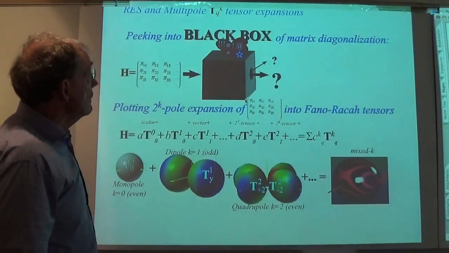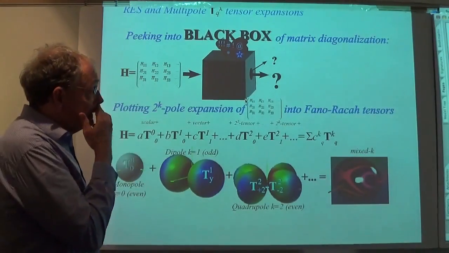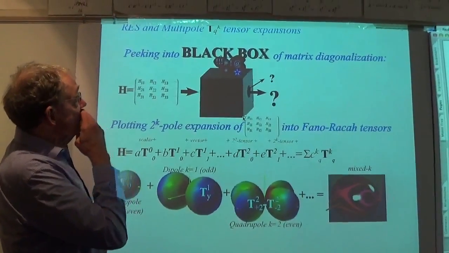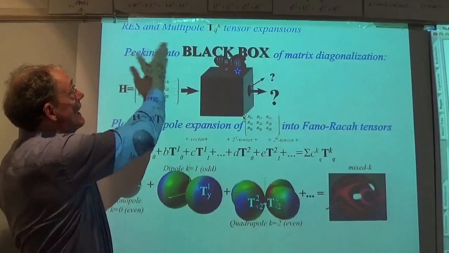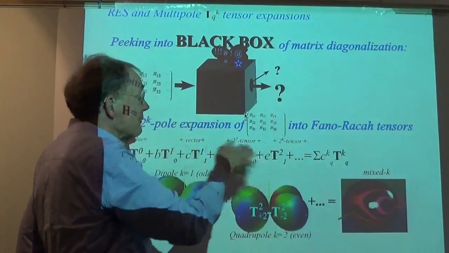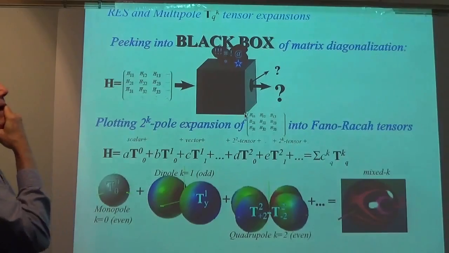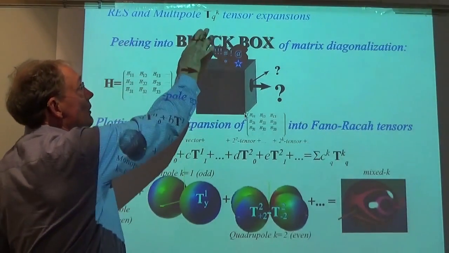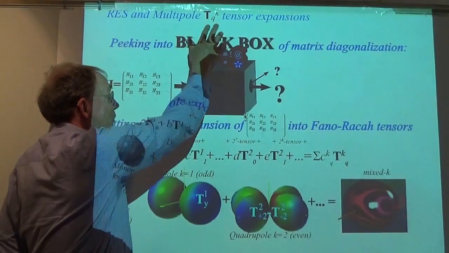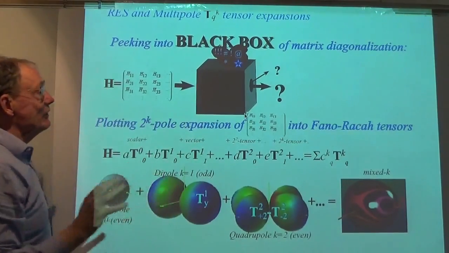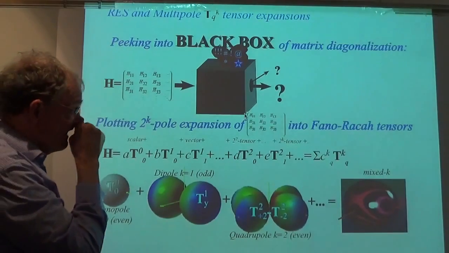Now in general, what we're trying to get across here is that the rotational energy surface and the multipole tensors that come out of these expansions of Hamiltonians, essentially the rotational energy surface is a snapshot or a drawing of the particular tensor combination that a molecule might have.